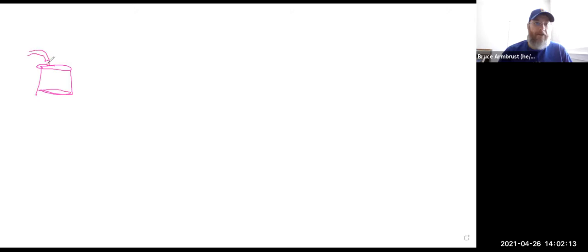We've got stuff flowing in, and stuff flowing out. We were told that the change in the volume, its input is proportional to the volume, and it's being removed proportional to V squared.